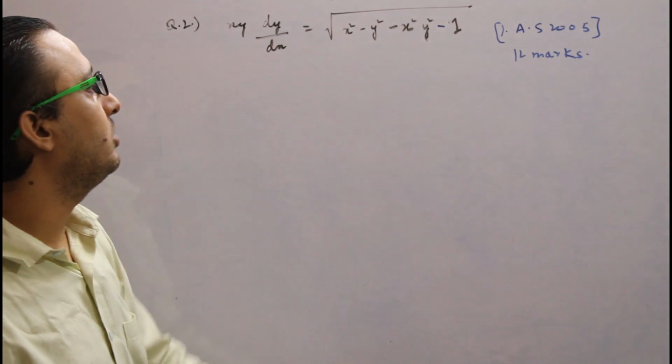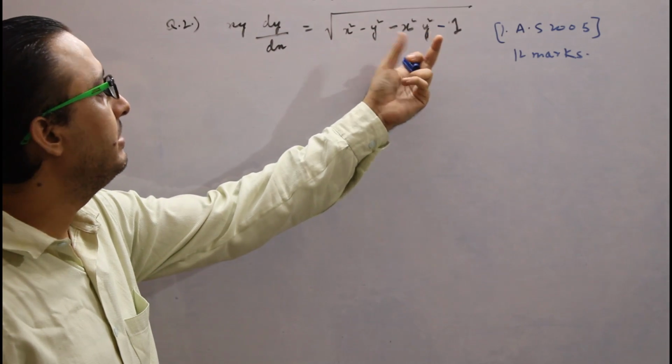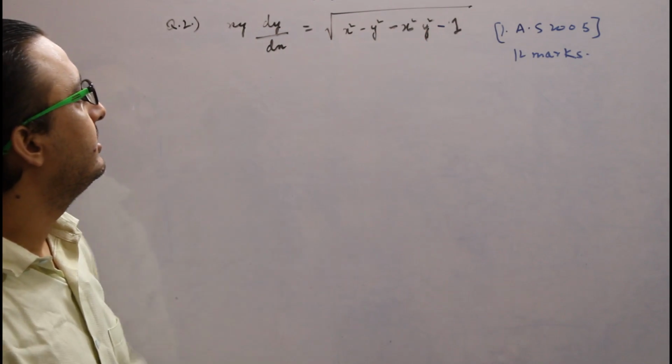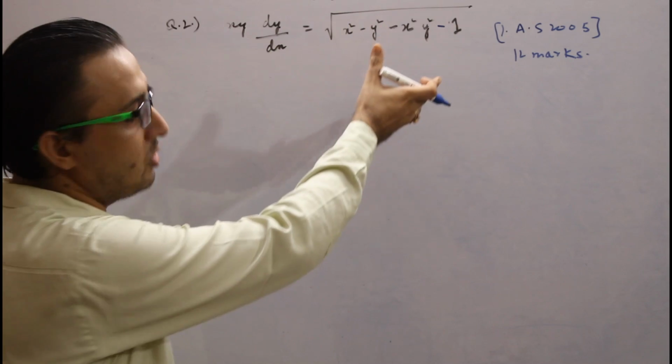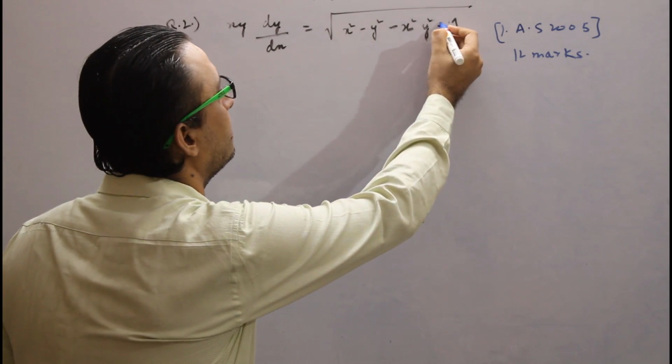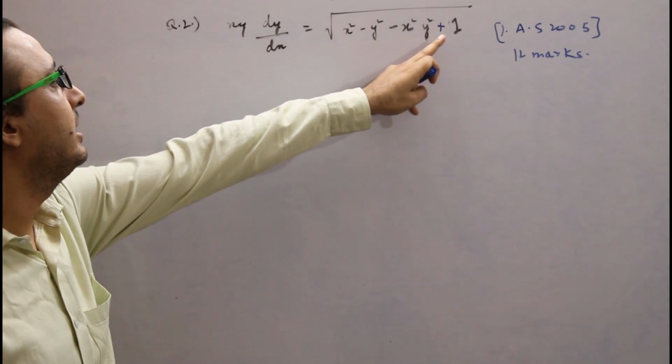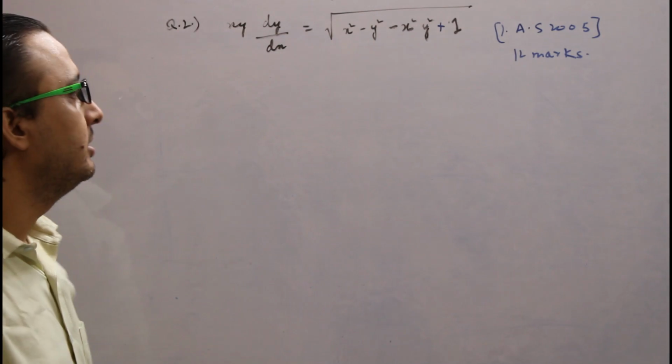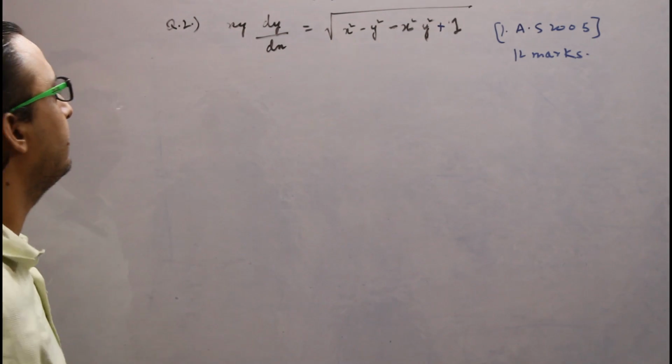So what is the mistake over here? That this cannot be variably separated, and secondly, it may come in the complex conjugate. So there is a rectification. Here it is plus sign. So now we are going to solve this.